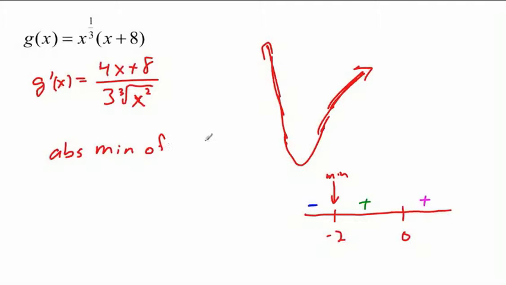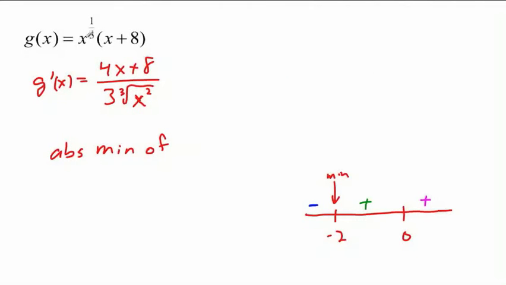So we are going to have an absolute min of, now in order to find what the absolute min is going to be, I need to plug -2 into my original function. So if I plug -2 into my original function, I end up getting the cube root of -2 multiplied by -2 plus 8. Now, the cube root of a negative is negative, so I can actually pull out the negative of this cube root, and then this is going to be multiplied by 6.